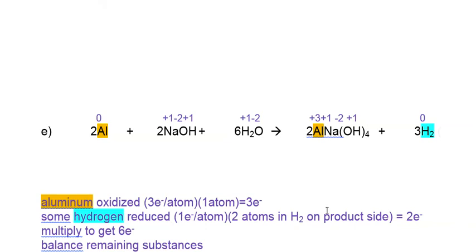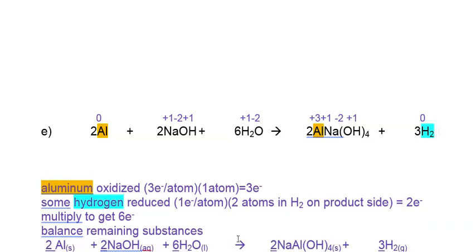If everything worked out right, and it should, my hydrogens should balance. So let's double check that. I've got 2 hydrogens right here, plus 12 here, gives me 14 on the reactant side. I have 4 times 2 hydrogens here, so that gives me 8, plus 6 hydrogens here, that gives me 14 on the product side. So 14 hydrogens, 14 hydrogens. So I can now see that this is, in fact, our balanced equation.